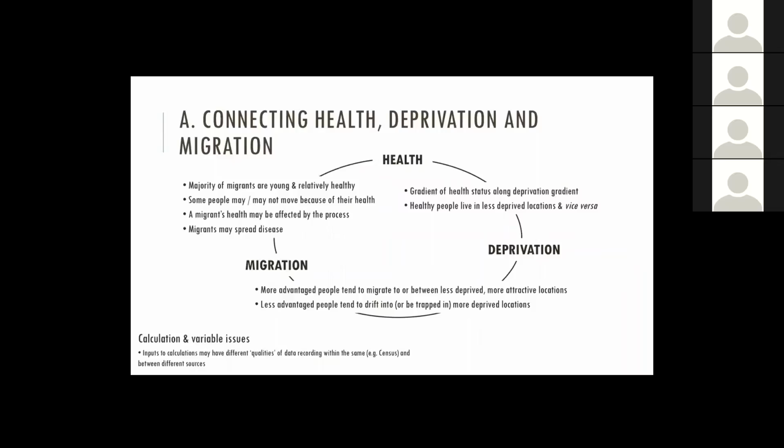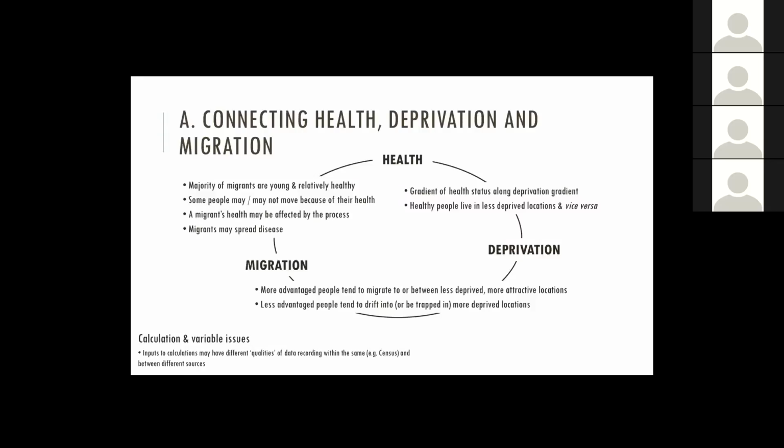People who are more advantaged tend to migrate to or move between less deprived, more attractive locations. Conversely, people who are less advantaged are more likely to drift down into or become trapped in more deprived areas. So you've got this idea that people who are more advantaged are staying in the less deprived areas and probably also having better health, and the inverse being true for people who are less advantaged in more deprived areas and perhaps more unhealthy.